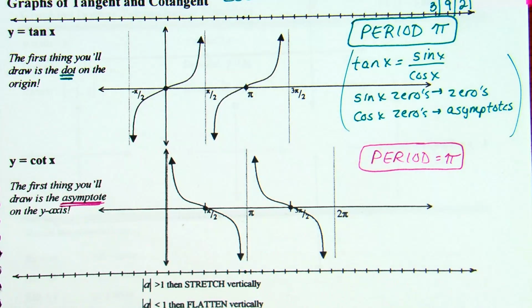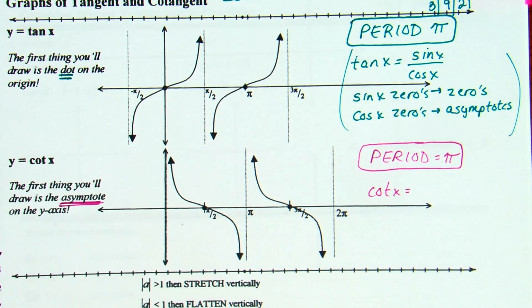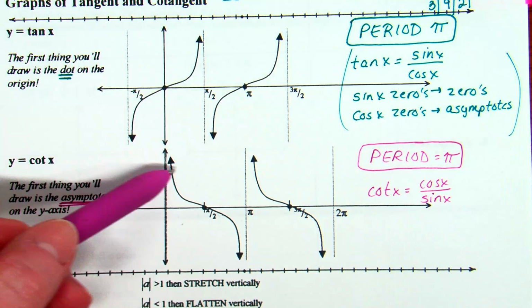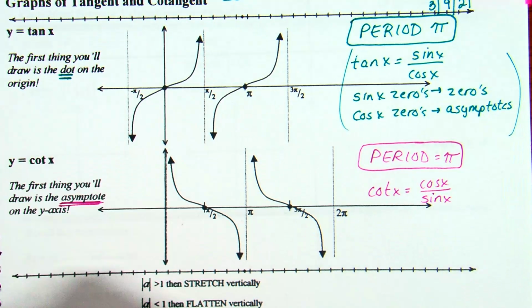Let's make the same connection we made previously. If tangent was sine over cosine, what's cotangent? It's the reciprocal: cosine x over sine x. Since cosine is on top, anytime cosine has a 0, cotangent has a 0. Their zeros match.